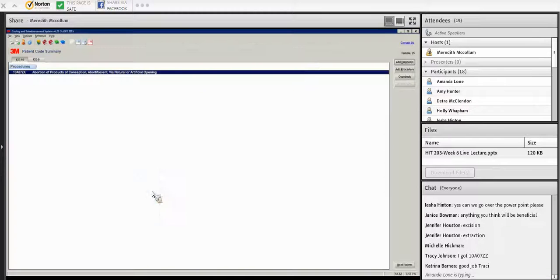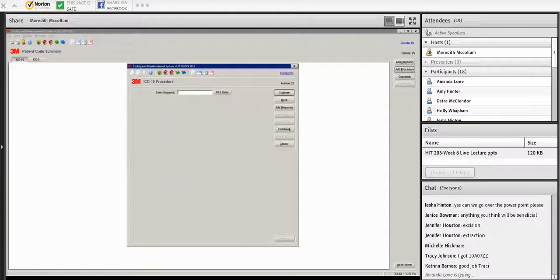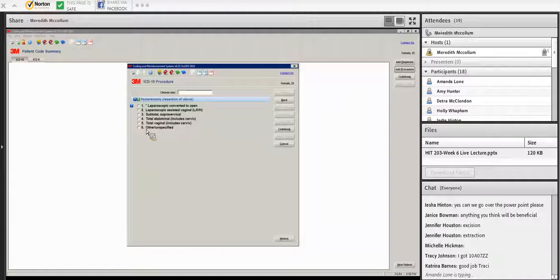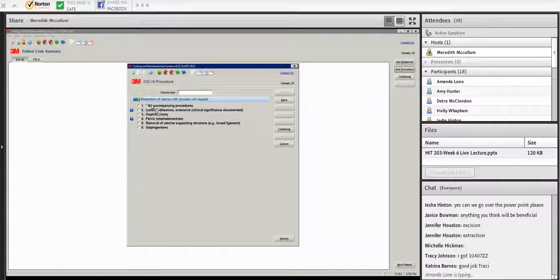So let's do, here I'll delete that one. They do a hysterectomy, and it was open, a total abdominal hysterectomy, and that's all they did on that one.